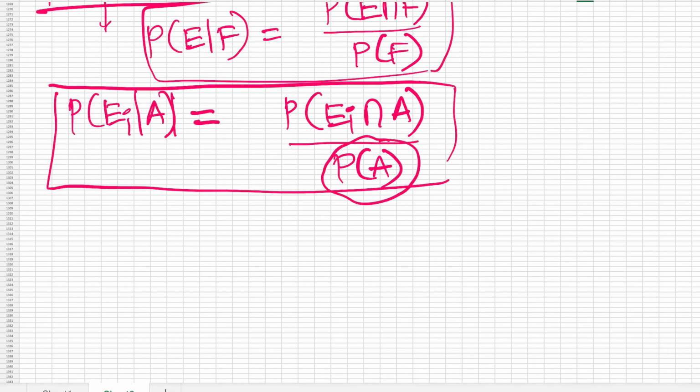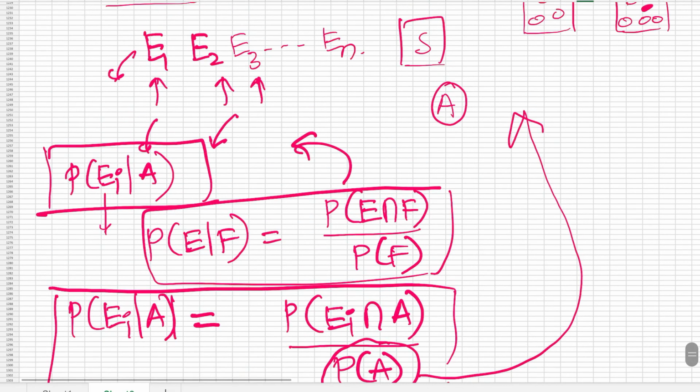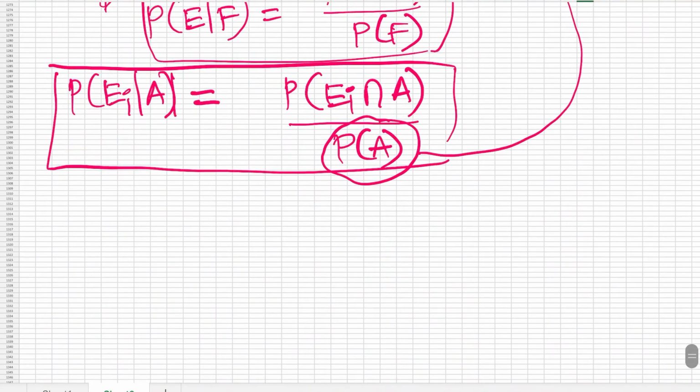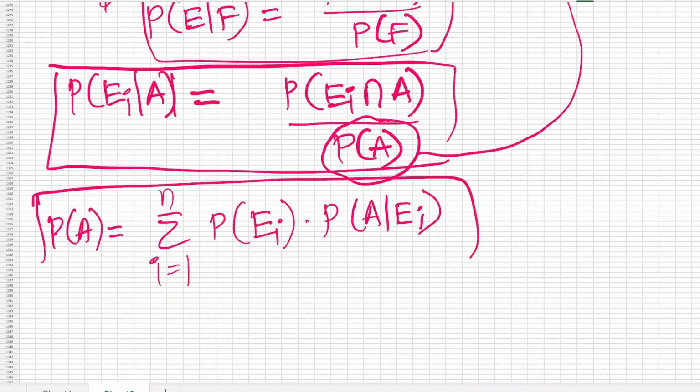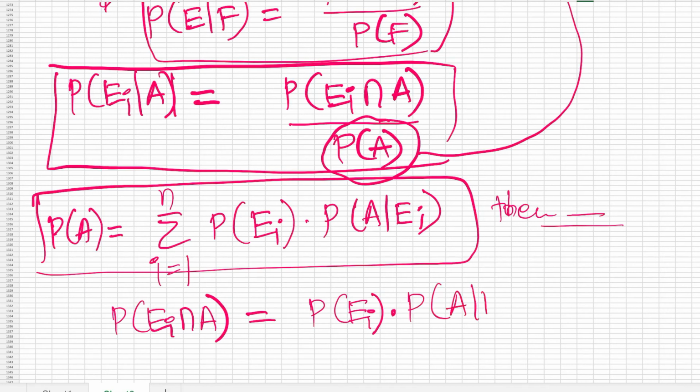Now just put in PA, the probability from the theorem of total probability. Just put this formula here. So this is PA according to the theorem of total probability, right? Now we have the multiplication rule of probabilities, which says that P(Ei intersection A) is equal to P(Ei) multiplied by P(A given Ei).